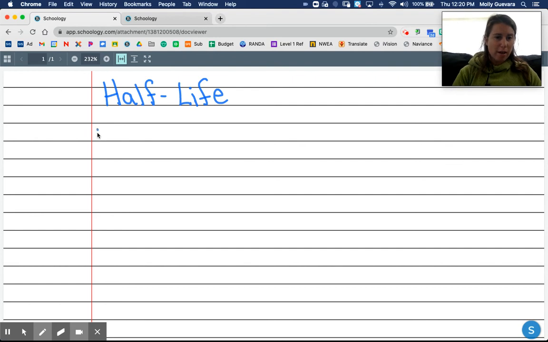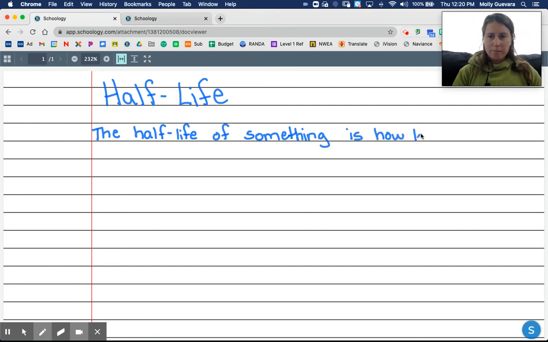So the definition of half-life: the half-life of something is how long it takes for the initial amount to decrease by half, right?